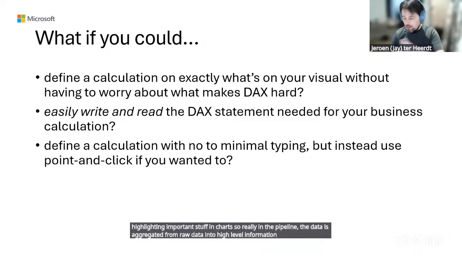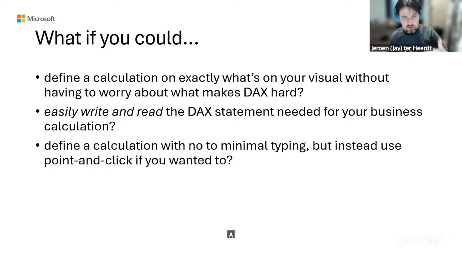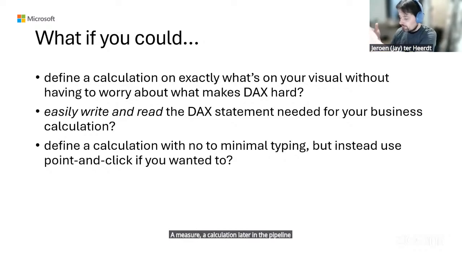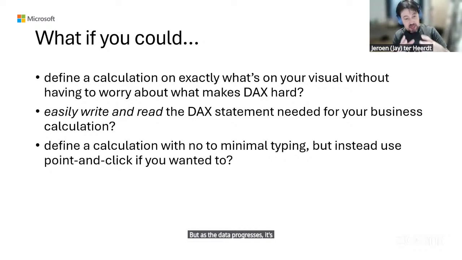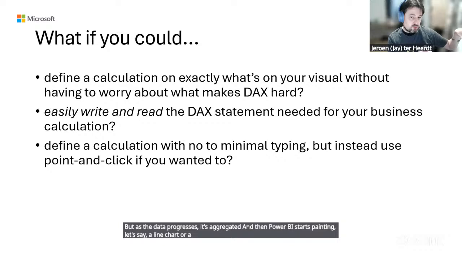And in that pipeline, we allow you now with visual calculations to add a measure, a calculation, later in the pipeline. So measures today live in the model, very early in the pipeline. That's where a lot of data lives. That's where the filter context lives. But as the data progresses, it's aggregated. And then Power BI starts painting, let's say, a line chart or a column chart onto your screen.